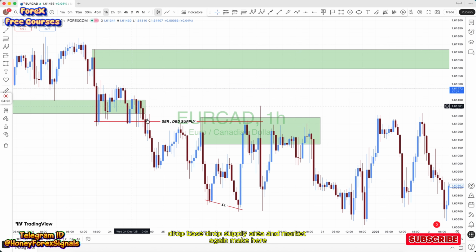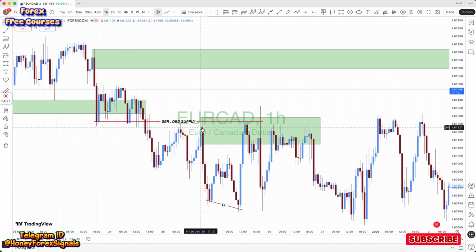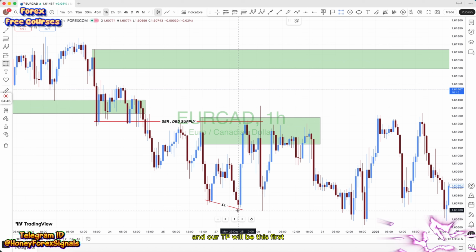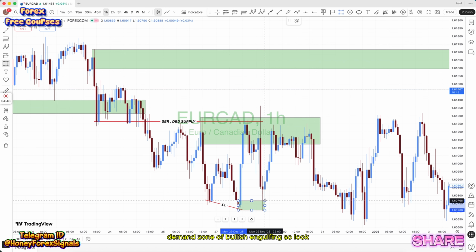Support, drop base drop supply area, and the market again makes here a bearish engulfing. We mark this bearish engulfing when the market is closing down. Look here, bearish engulfing when the market is closing down. So we take entry from here. And our first TP will be this demand zone of bullish engulfing, so look.